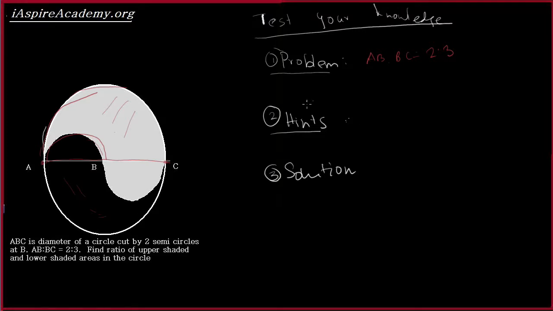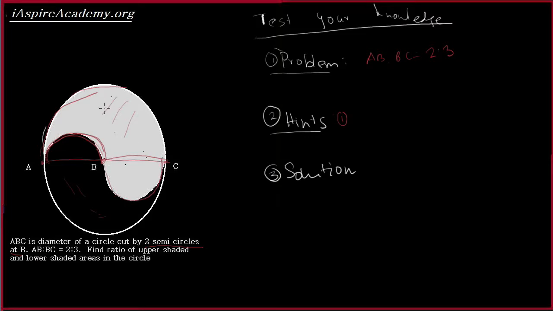So please stop the video if you want to solve it yourself. Otherwise, continue to listen to the hints. So here is the first hint. See, this is a semicircle. Probably I forgot to say that during the problem definition, but it is given here. We have been cut by 2 semicircles at point B. This is just half of a circle, and this is another half of a circle.